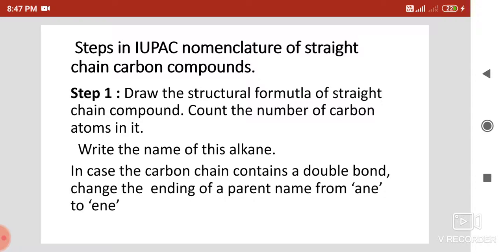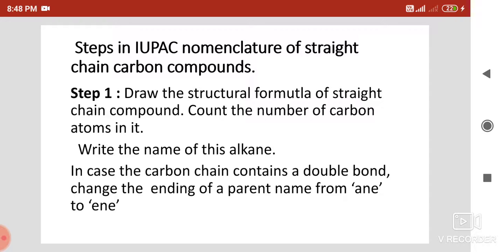After writing the structure, we count the number of carbon atoms. The alkane with the same number of carbon atoms is the parent alkane of the concerned compound, meaning you have to see how many carbon atoms are there in the chain, and that will be the parent alkane. Then we have to write the name of the alkane. In case the carbon chain contains a double bond, change the ending of the parent name from ANE to ENE.